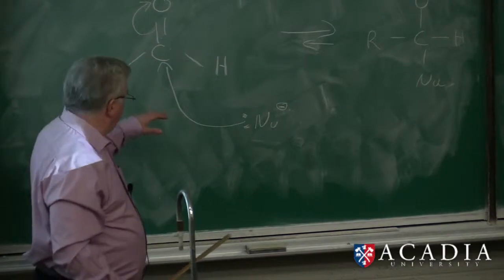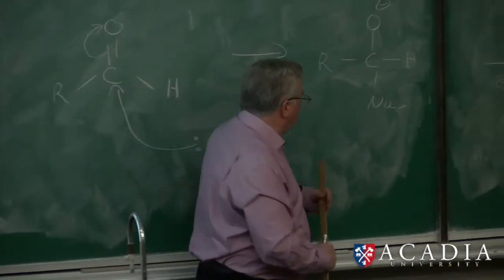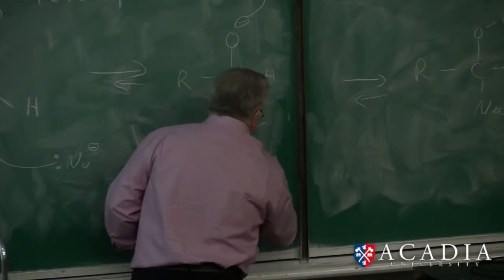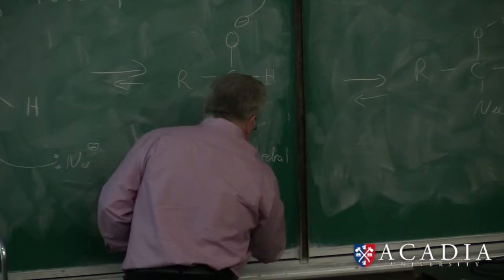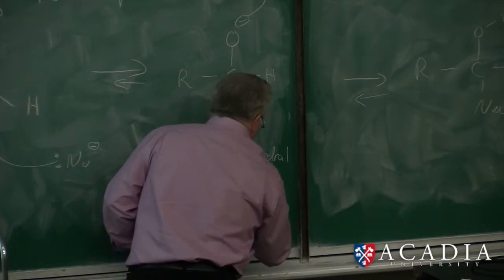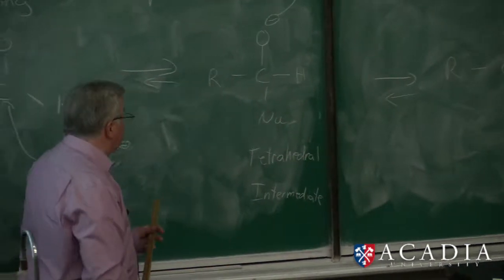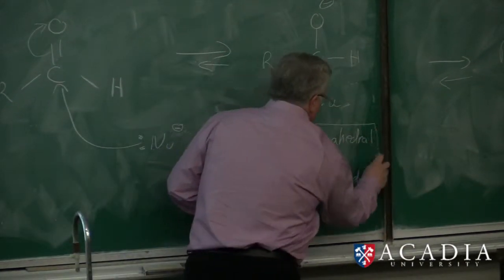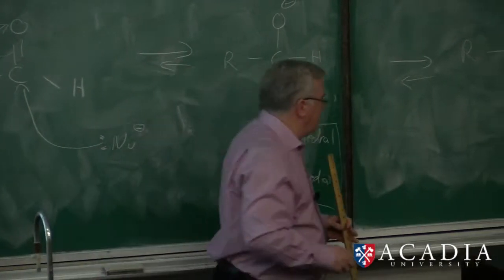We started off with a strong nucleophile, Nu minus. We add and we get this thing which we call our tetrahedral intermediate. In this case, it's a little bit deceiving because our tetrahedral intermediate goes on to give a tetrahedral product.